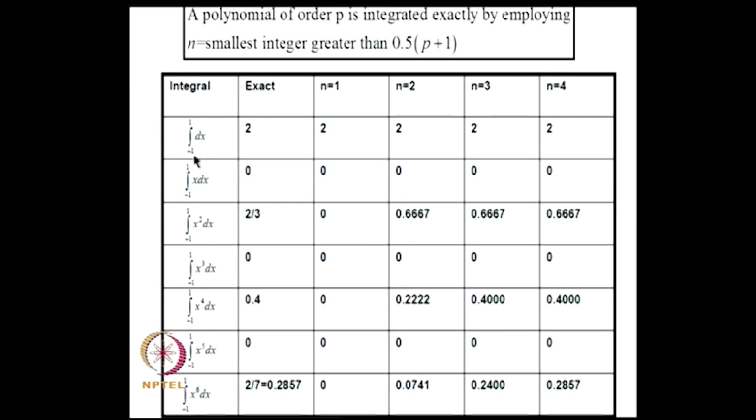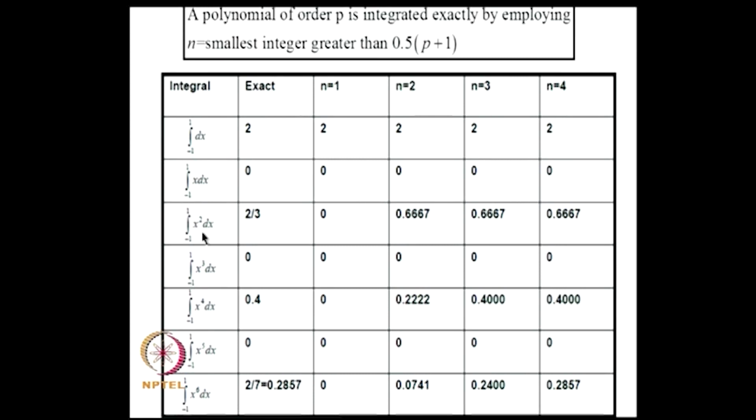If I want to evaluate the integral from minus 1 to plus 1, the answer is 2. If I take one term, it gives the exact answer. So, the rule is that a polynomial of order p is integrated exactly by employing n terms, where n is the smallest integer greater than 0.5 times p plus 1. For p plus 1 equal to 2, you need at least one term. If you use one term, you will get the exact solution, but this is of course 0 because it is an odd function under symmetric limits, so there is no problem.